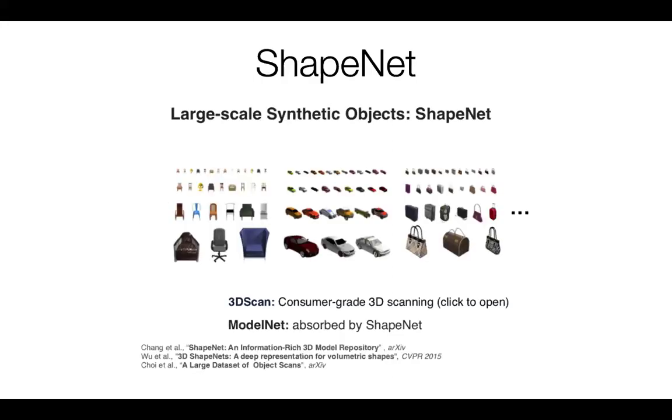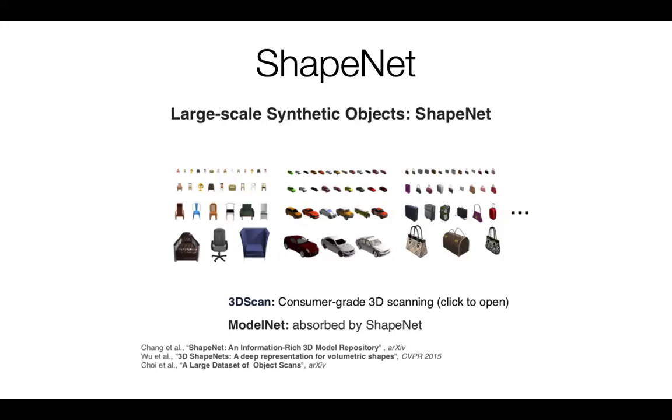ShapeNet is a large-scale data set of synthetic objects, and afterwards it was combined with another data set to create ModelNet, which is a very big data set. This was developed around 2015, and nowadays we have many others.